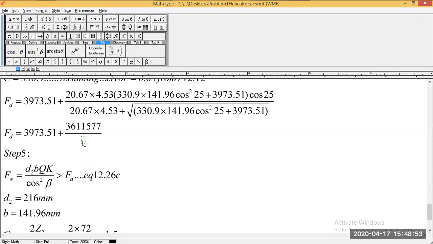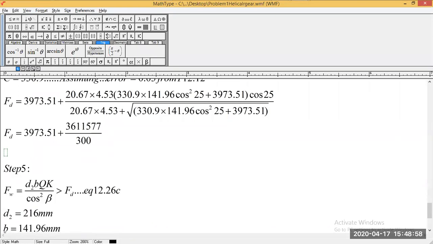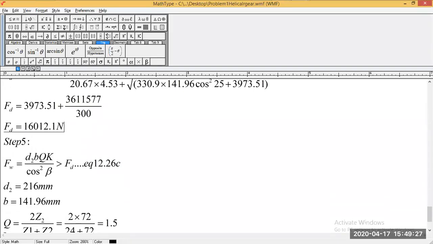Okay, denominator I'm getting 300. So that means FD is 3136.11577 divided by 300 plus 3973.51. So I'm getting FD 16012.1 newtons. So check if you got the same answer while calculating.